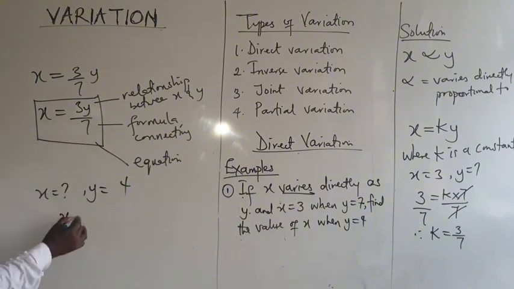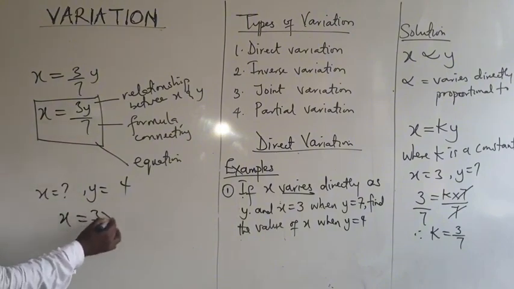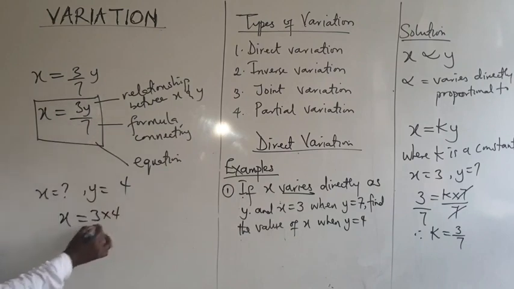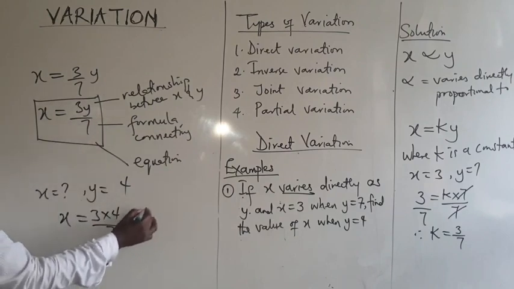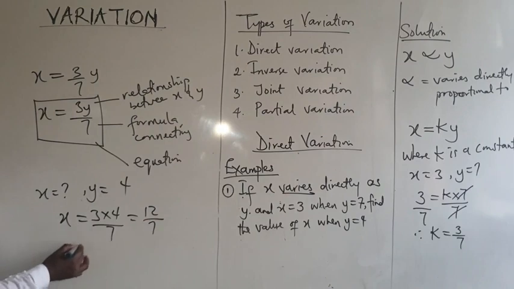That will be x equals 3 multiplied by y, which is 4, divided by 7. So this will give us 12 over 7. Therefore, x will then be equal to 1 whole number 5 over 7. I hope this is very clear. Is that clear? So this is what we refer to as direct variation. So we're not going to look at another question again.